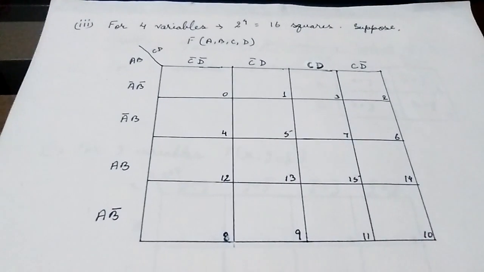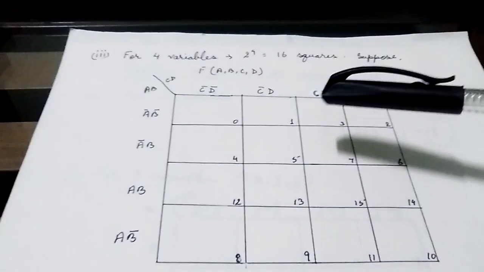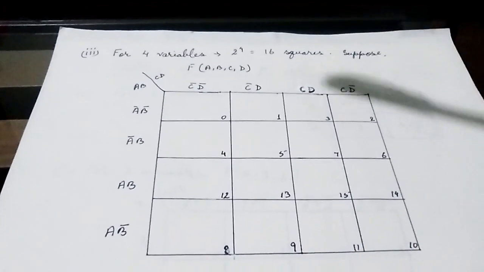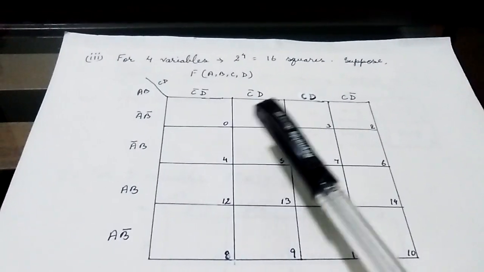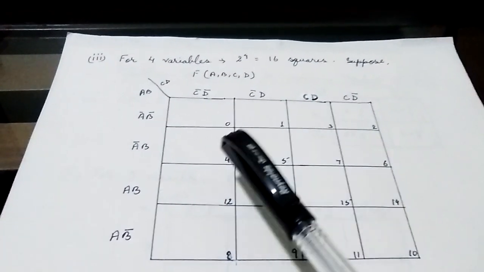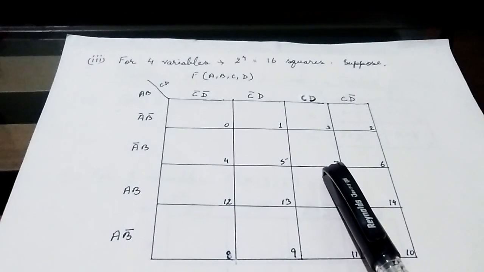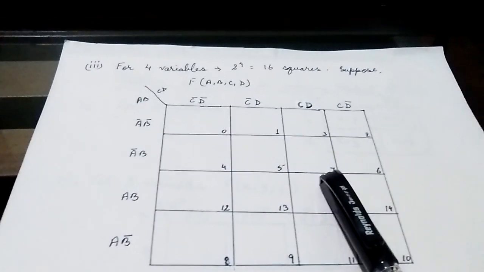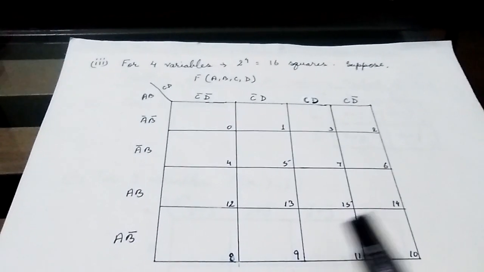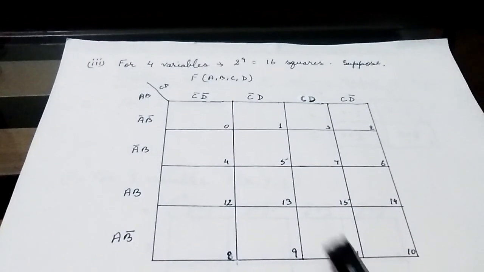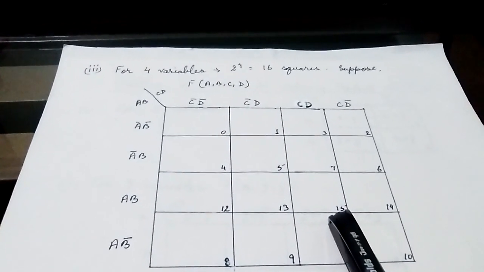So we put a rectangle and we divide it into 4 rows and 4 columns. It is very important to understand the designation values of this. 0, 1, 2, 3, 4, 5, then we write 6, 7. This was the same for the 3 variables. Then 8 will come down, 8, 9, 10, 11, 12, 13, 14, 15.